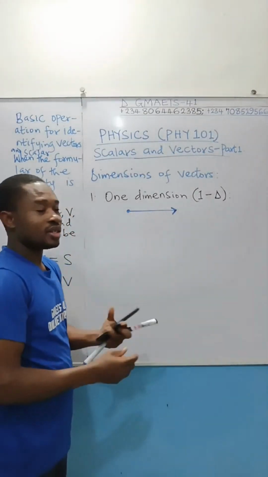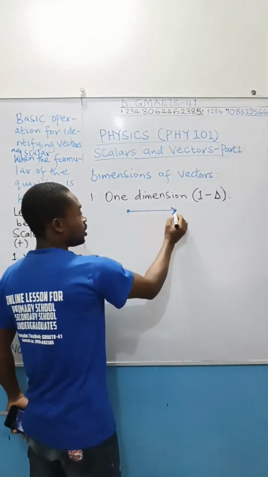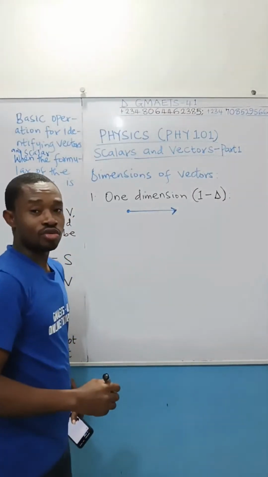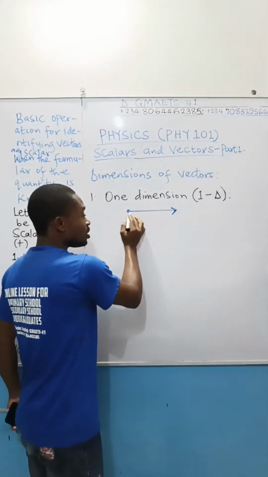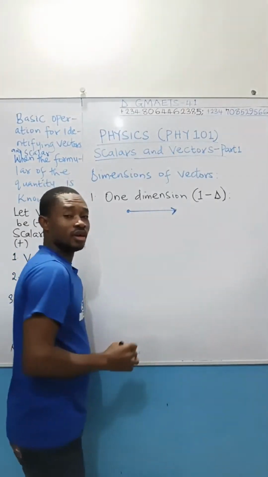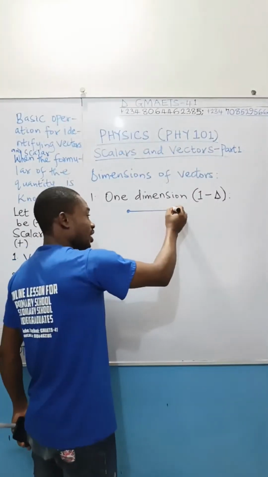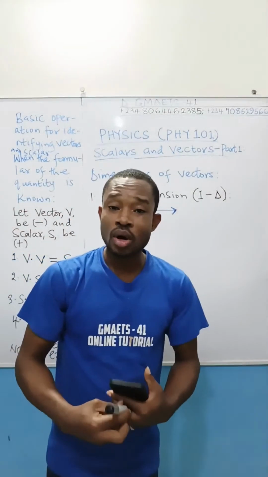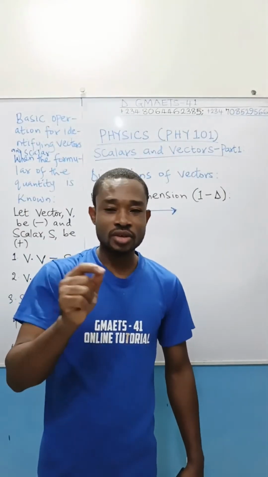Are you following, right? The line you are seeing from here to here is the size. The line represents the magnitude. The arrowhead represents the direction. Take note of that.